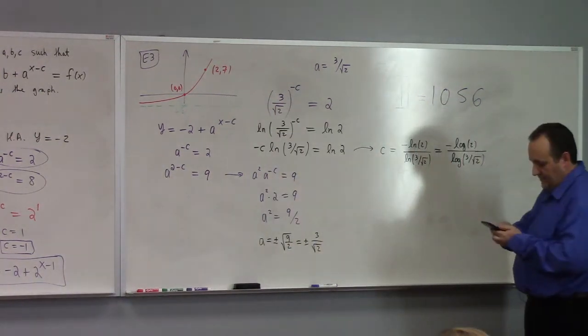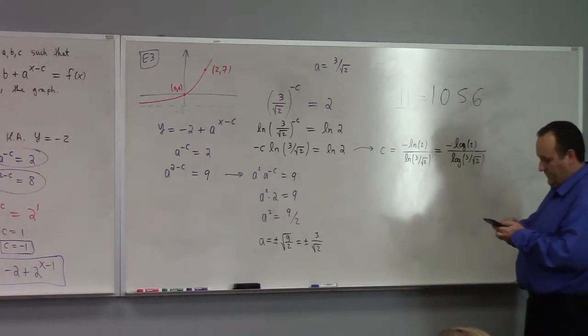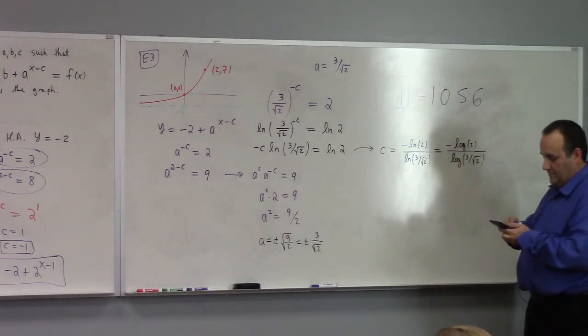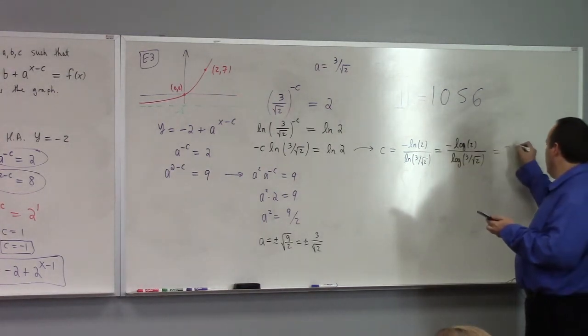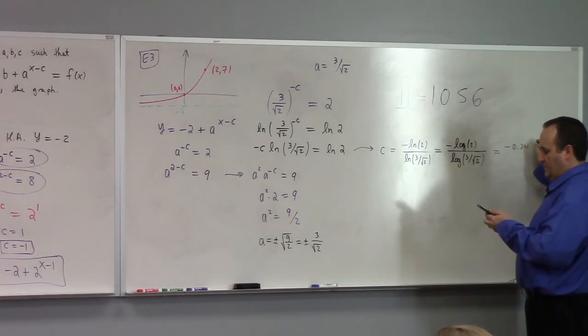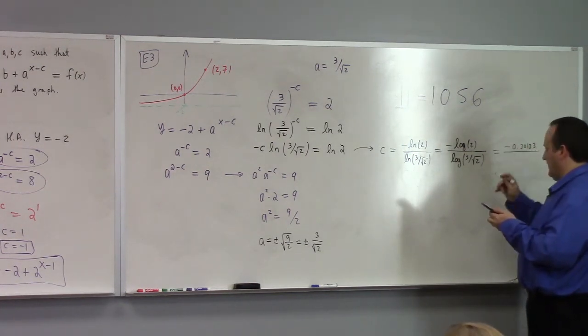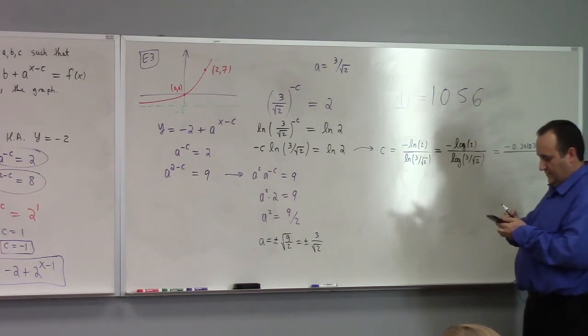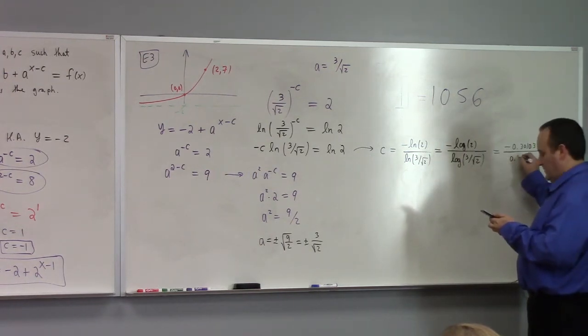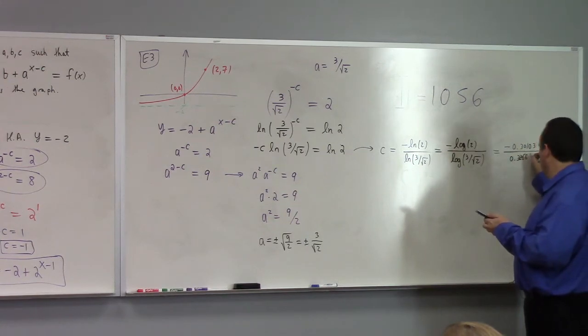So if I do the common log, I got the log of 2, which is about minus 0.30103, divided by the common log of 3 divided by square root of 2. That gives me 0.32661, roughly speaking.